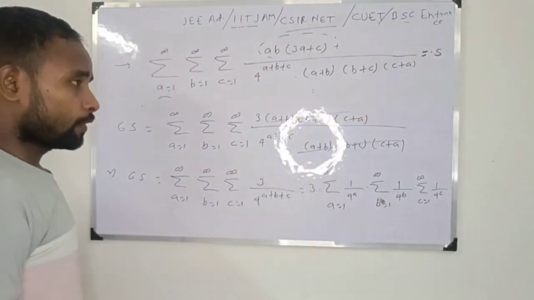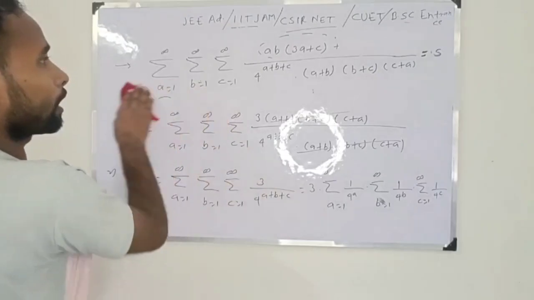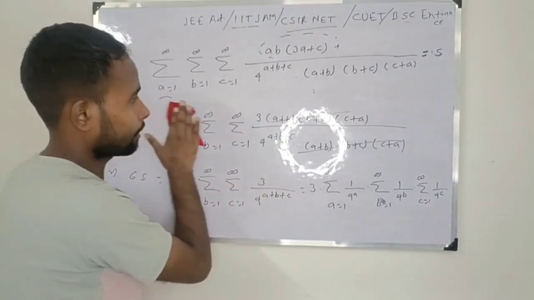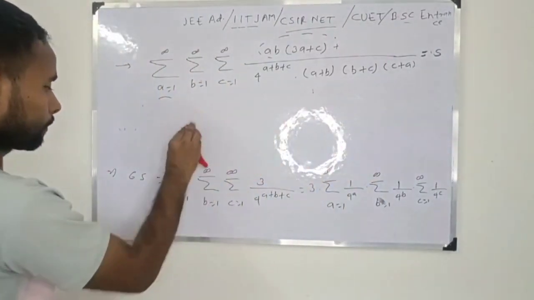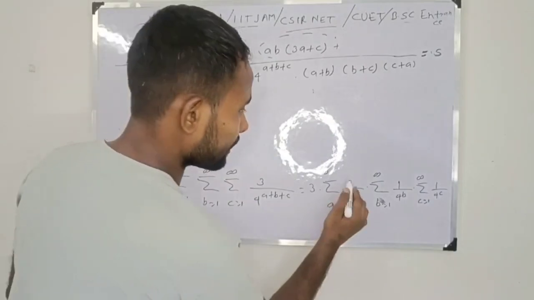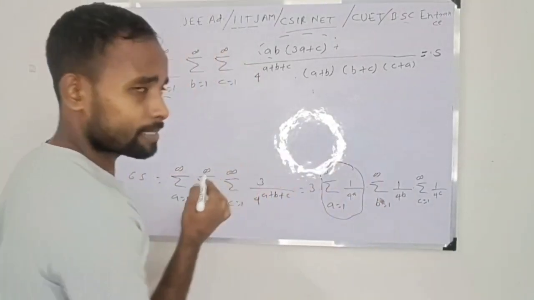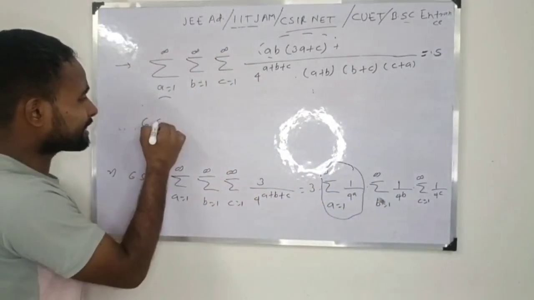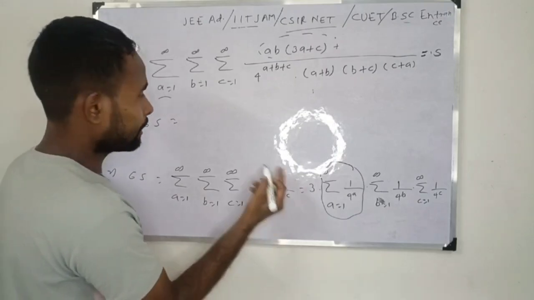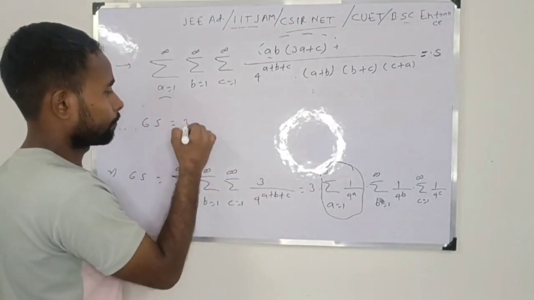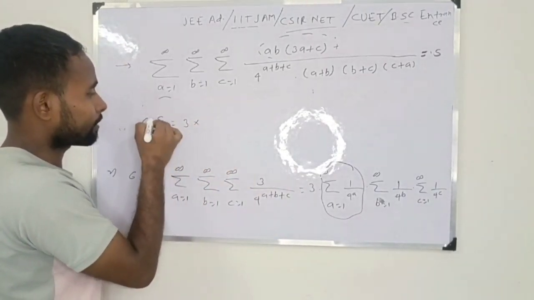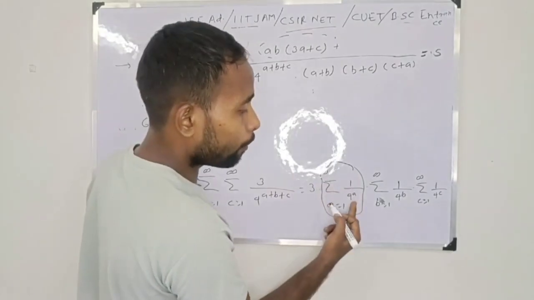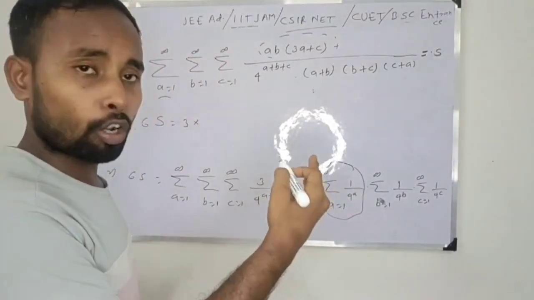Now if you sum this section, it forms a GP. So can you write here 6S = 3 times 1/4^1 + 1/4^2 + 1/4^3 and so on up to infinity.